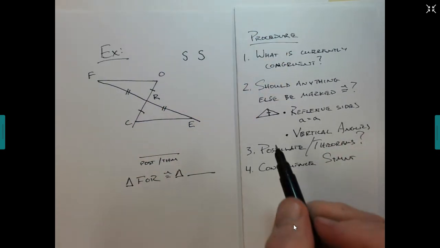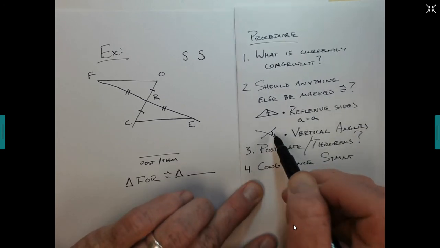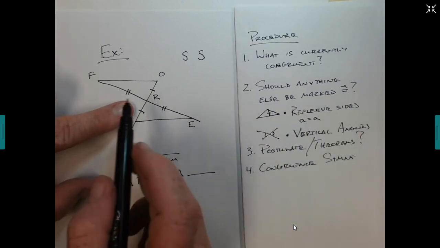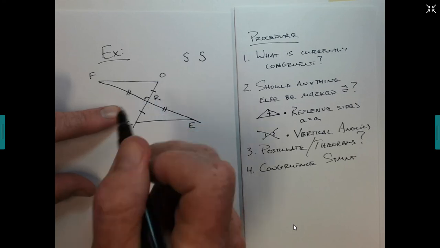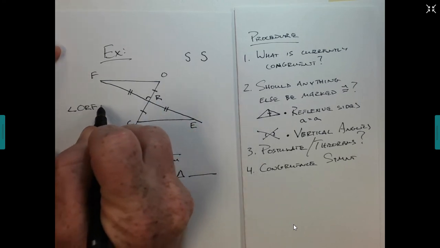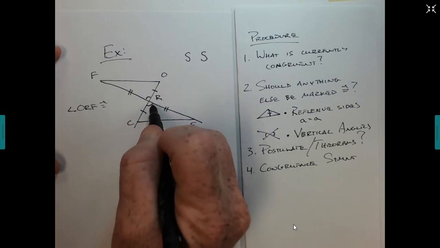Vertical angles happen whenever we have intersecting lines. The angles across from each other have to be the same. We have that going on here. Angle ORF right here must be the same as angle CRE.